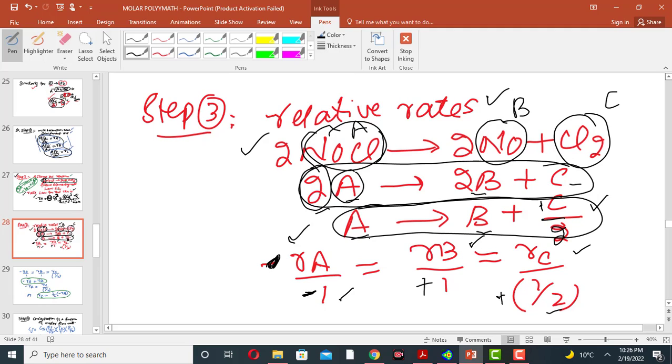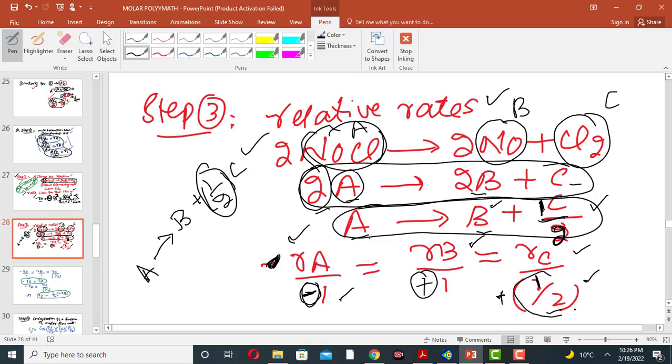This minus sign occurs because A is being consumed, the plus sign here occurs because B is being produced, and the plus sign here occurs because C is also being produced. And this 1 divided by 2 is the stoichiometric coefficient of C. We can also write this equation as A gives us B plus half mole of C. So this will come to the denominator here. You can see the relative rate law for the above reaction is this one. So this was our third step.